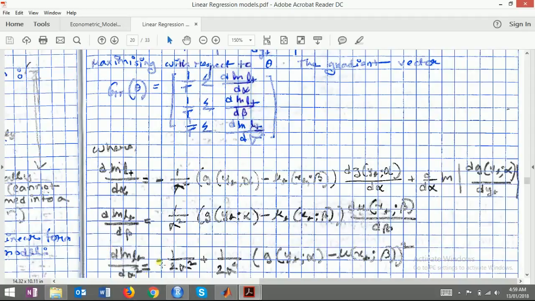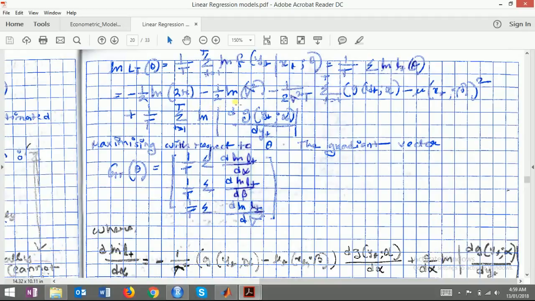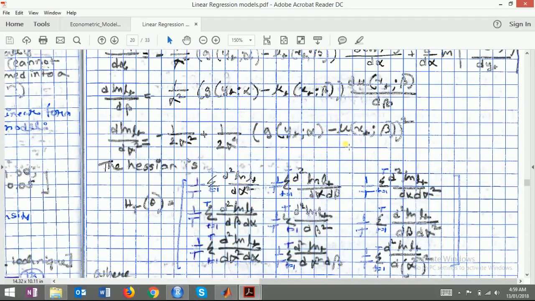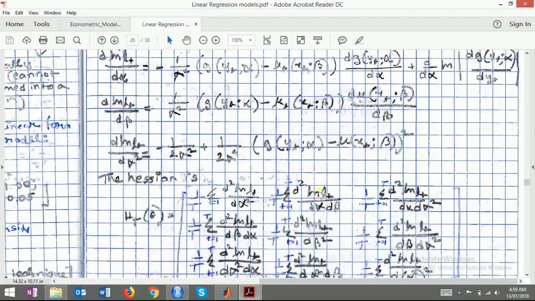Then comes sigma square, d by d sigma square of log LT, because we are talking about sigma square, all the sigma square element will come. So here it turns 0. Then we have minus half sigma square plus half, because we are differentiating against sigma square, sigma to the power 4, multiplied to this difference portion. So with this information set against 0, we have the gradients.